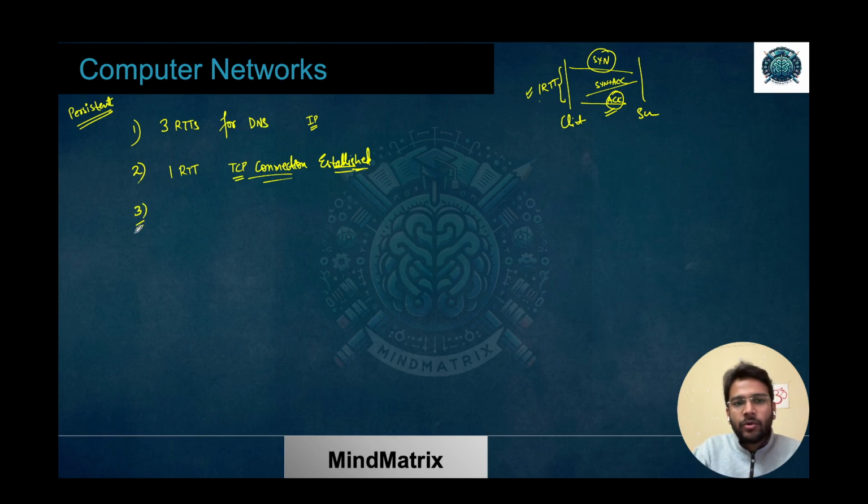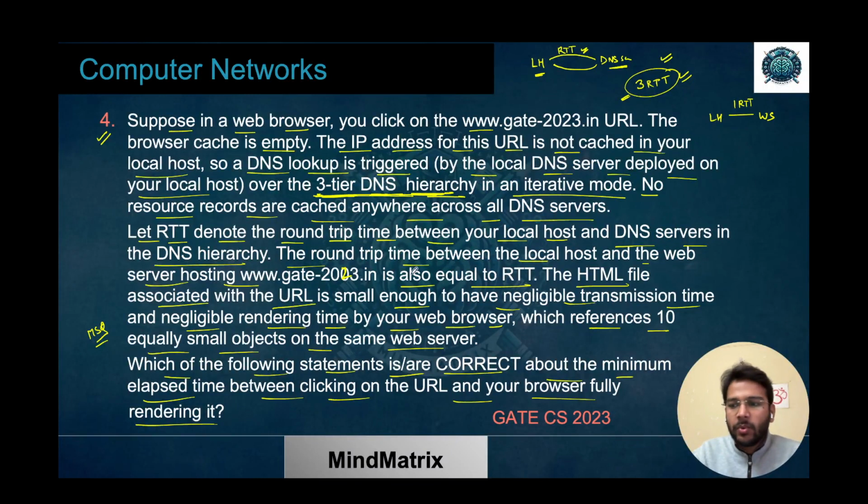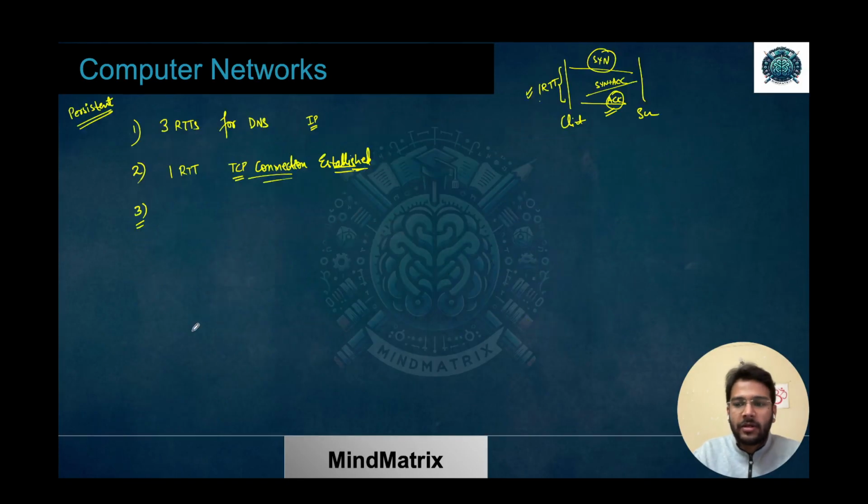Then what else? The TCP connection is established. Now we have to request, and here in the question it is saying the HTML file is associated with the URL. So first we need to get that HTML base file. We are going to request the base file, and then we are going to get it. So it takes one RTT. For the HTML base file, one RTT is required.